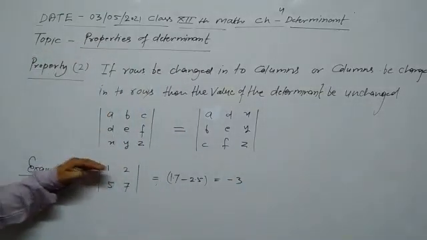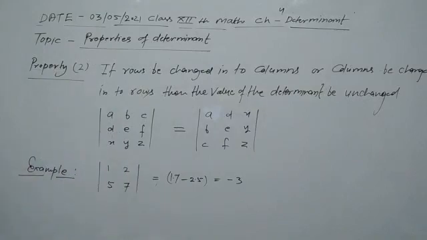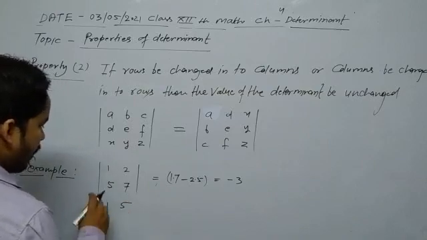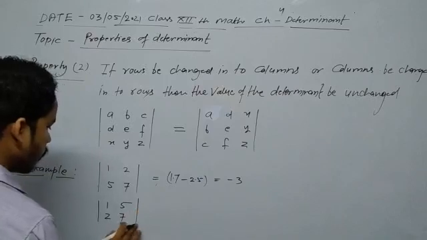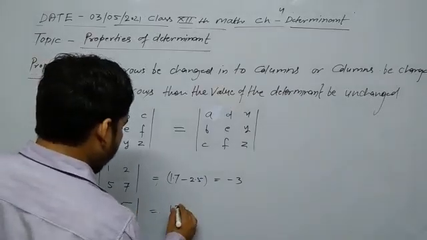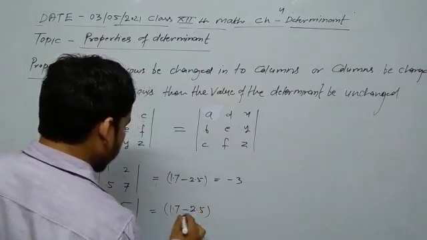When you change the rows into columns, what will be the result? 1, 5, 2, 7. Similarly, this can be written as 1 into 7 minus 2 into 5.